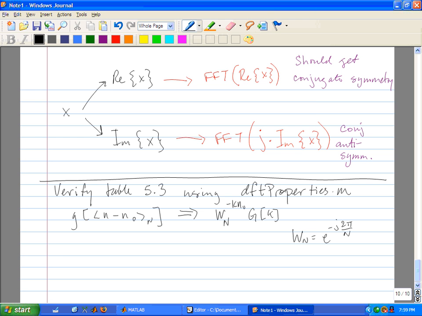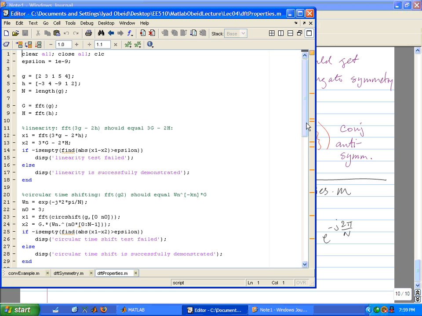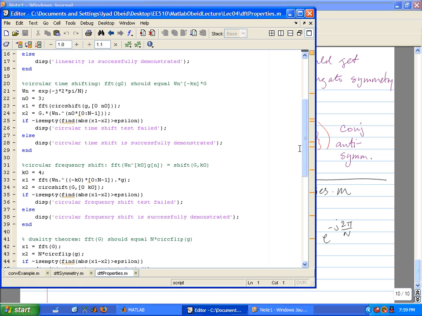So if you go to the code now, I'm trying to verify that. Let's jump to the part where I've got circular time shifting. So here's omega N, W sub N, just according to the formula. Here's my shift. I arbitrarily picked a shift of 3. Now I'm going to compare two things. I'm going to take my signal G, circular shift it by 3, by N0, and take its FFT.